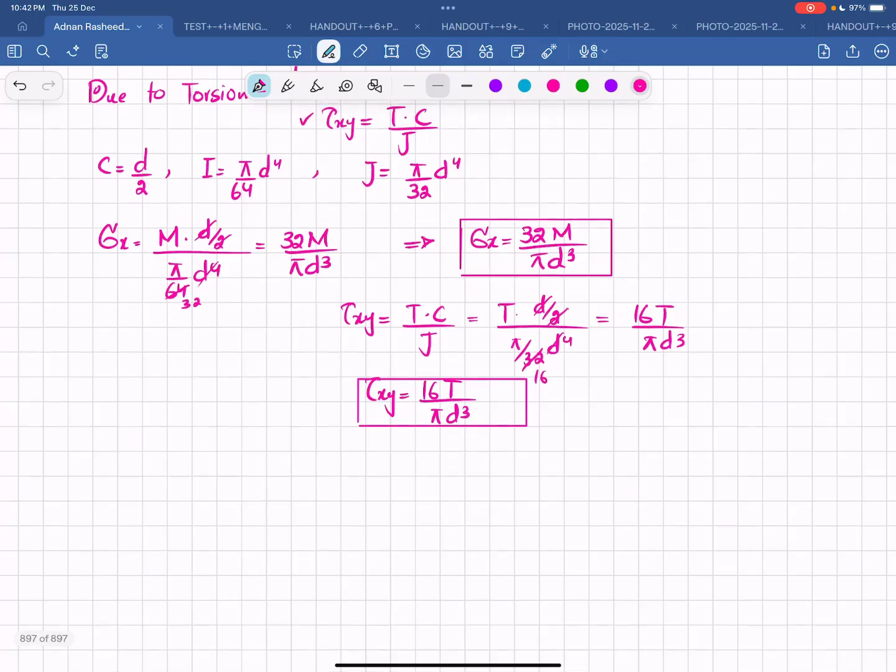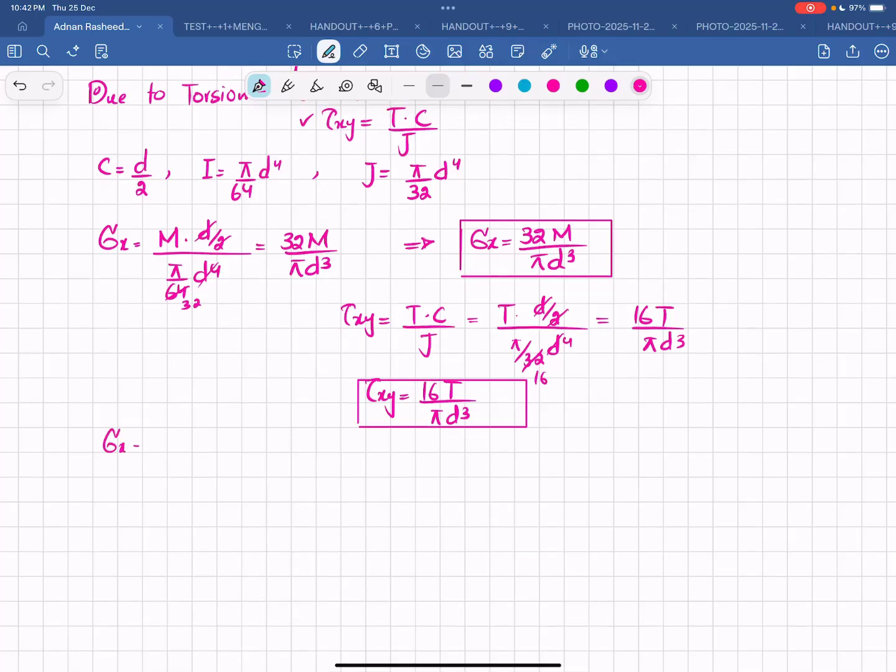Now you can see you have sigma x, which is 32M over pi d cube. Sigma y is not there, which is 0, and tau of xy is 16T over pi d cube. So we are going to find principal stresses because we are going to apply the maximum shear stress theory.